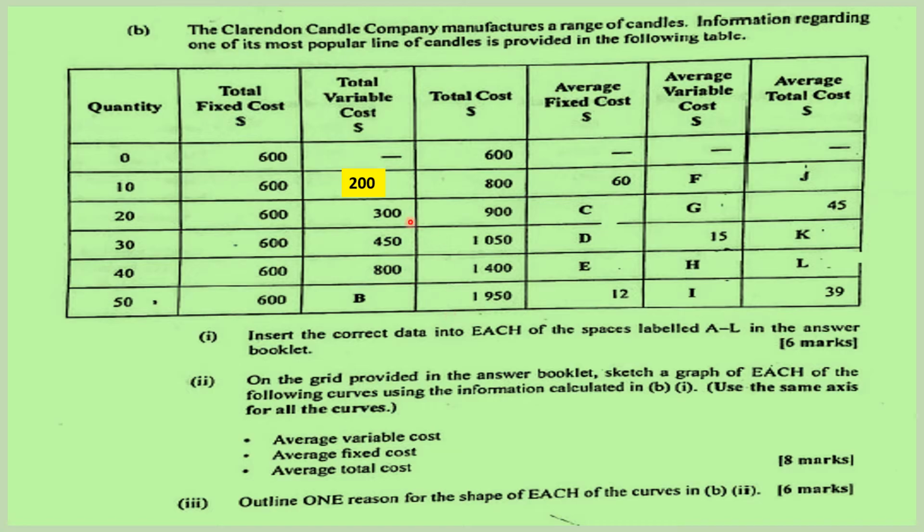We go to B. The total fixed cost 600, total cost 1950. 1950 minus 600 gives us 1350. We go over to the other side, and here the average fixed cost is 60.